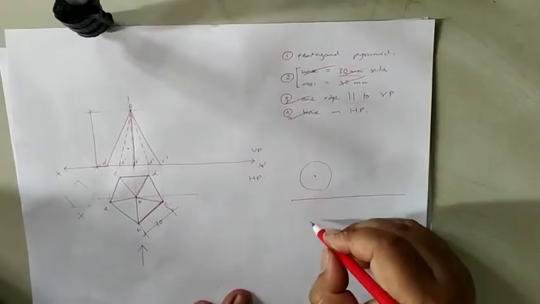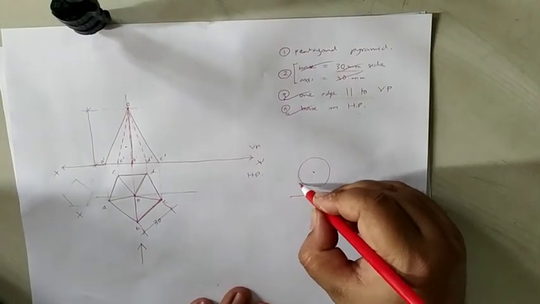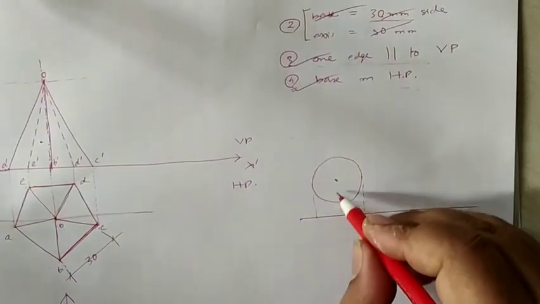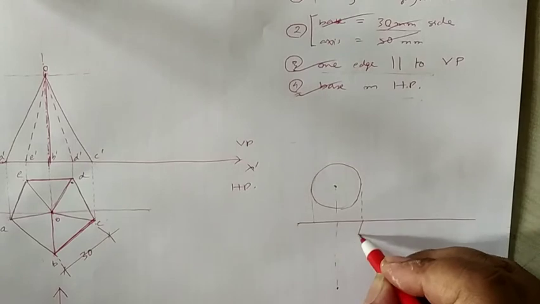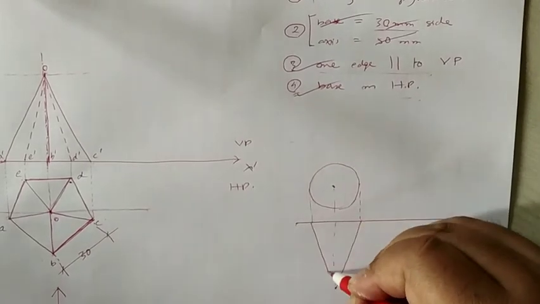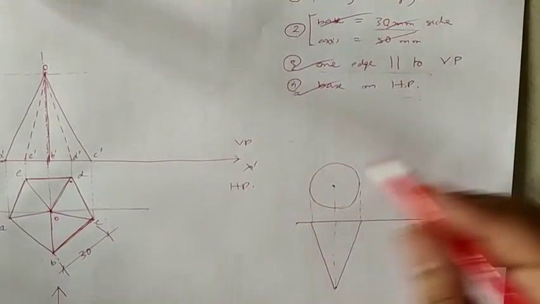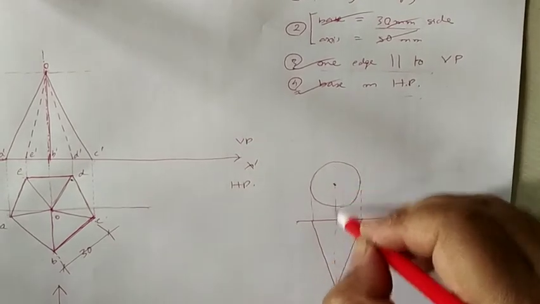And for the elevation part, you can take projection from both the sides and from the center as well. You will get some height here, and then you draw. How to know this is a cone?